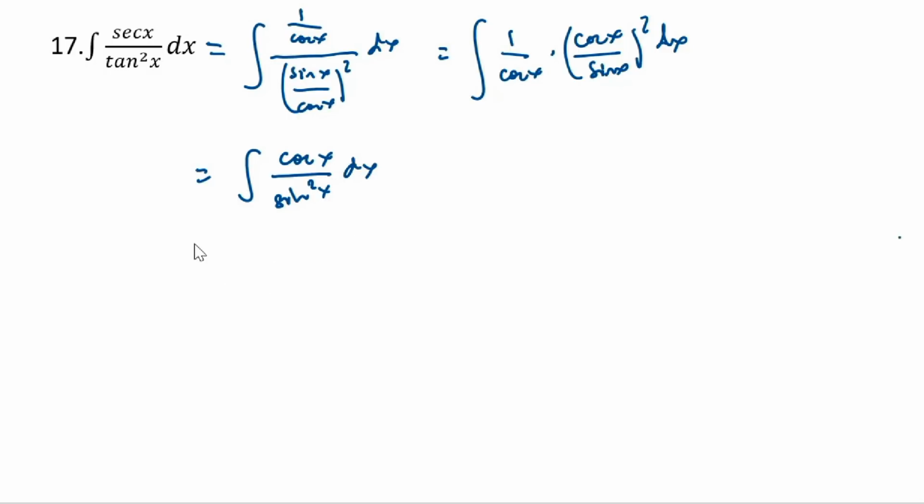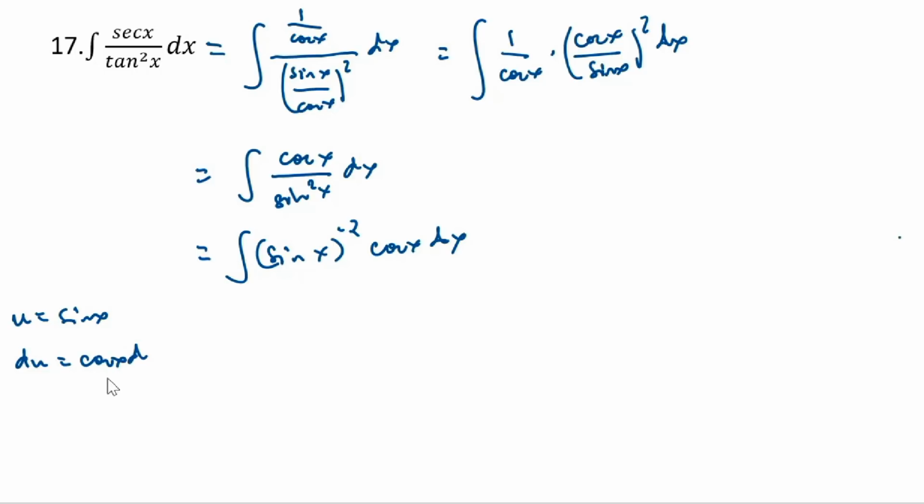Okay, so from here, I'm going to rewrite that as sine x to the power of negative 2 and then cosine x dx. Or I can write here now u is equal to sine x and du equals cosine x dx.